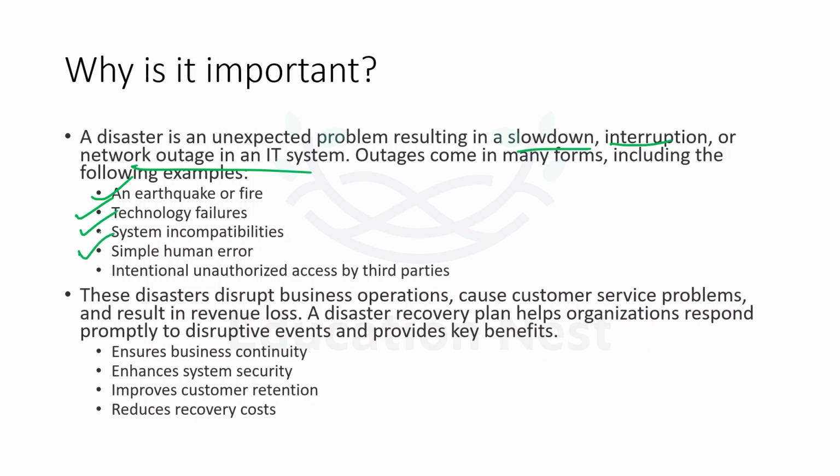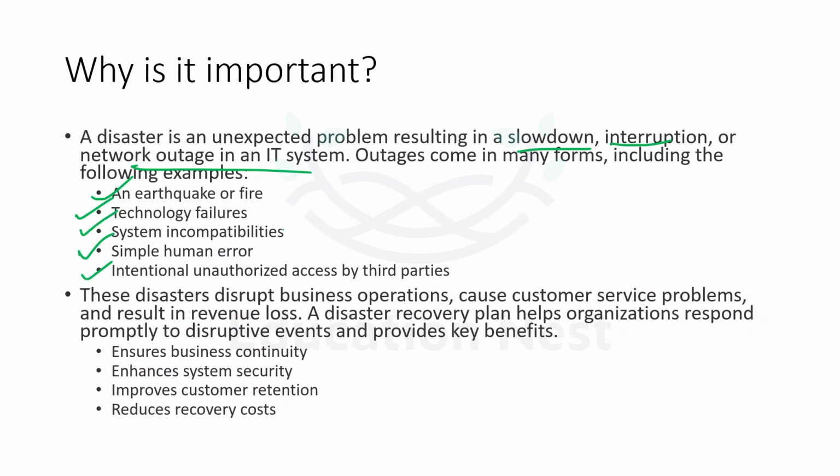Human errors, like when a human turns off switches, then everything goes off. Or any intentional unauthorized access by third parties such as DDoS attacks or cyber attacks. All of these are considered disasters.